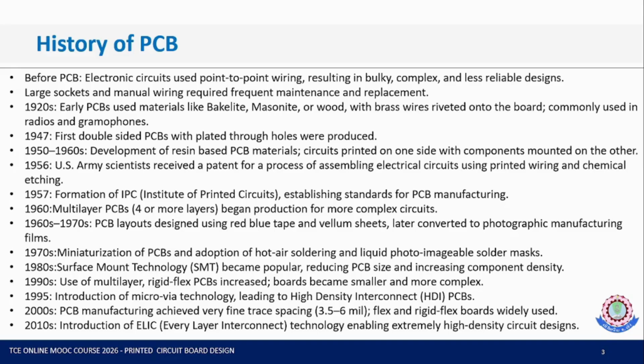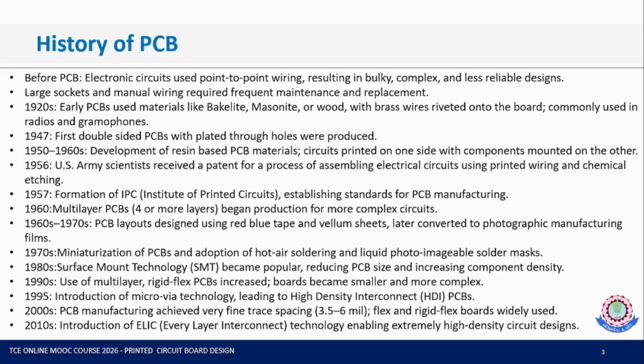In the 1920s, PCBs used materials like bakelite, masonite or wood with brass wires riveted onto the boards. They were commonly used in radios and gramophones. So this is the first stage of PCB, used in radios and gramophones.